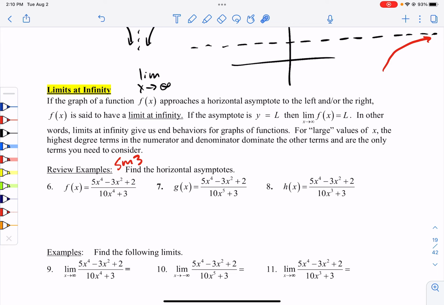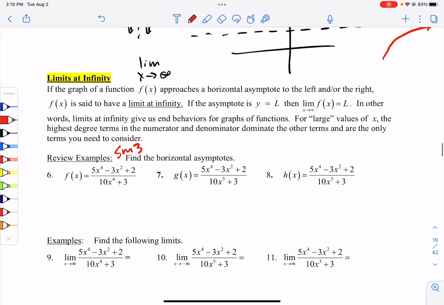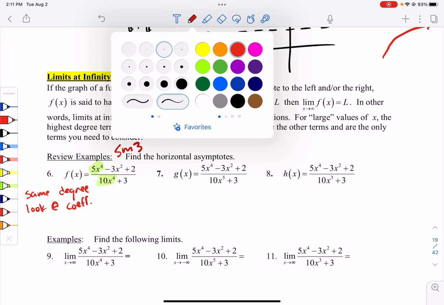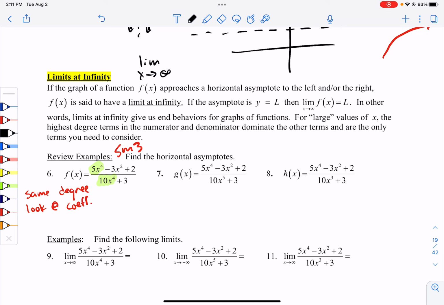If those degrees were the same, and this might be something you want to add to your notes, you were taught to look at the coefficient in front. So if I'm looking at 5x to the 4th, 10x to the 4th, all I really care about is the 5 and the 10. And here's why. As these numbers get really, really big, x to the 4th is going to become so much bigger than x squared and 2 and 3 that none of those numbers are even going to matter.